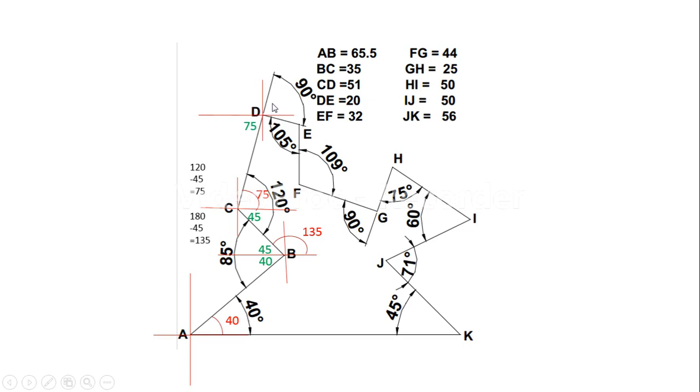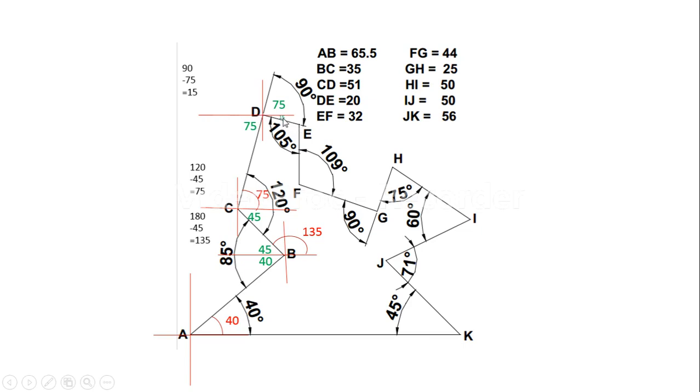According to the third similarity, the vertical angles are always equal, so this angle is 75. Now if you observe the figure, this total is 90 and this is 75. What is remaining here? 90 minus 75 will give you this angle. 90 minus 75 is 15. So here the angle is 15.